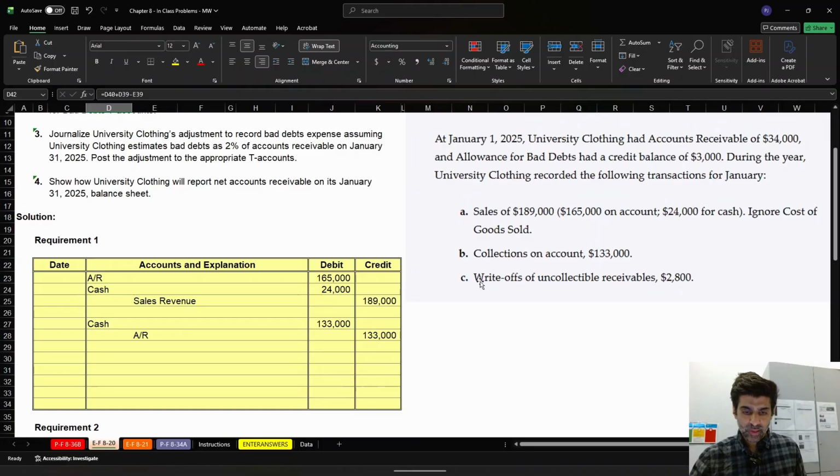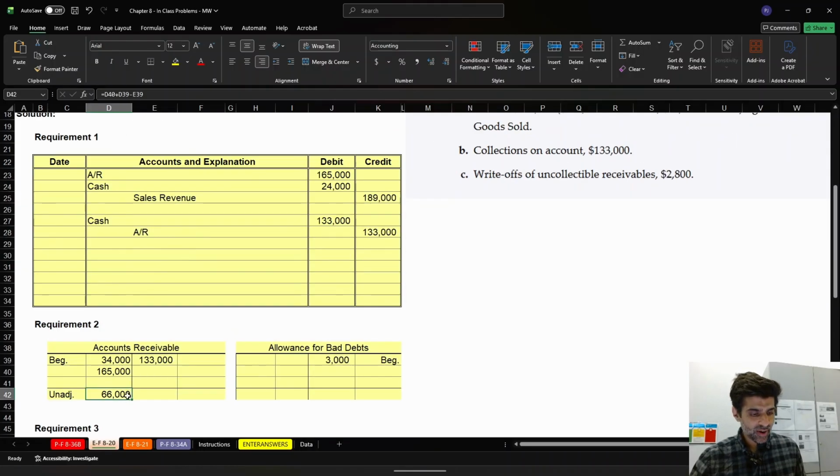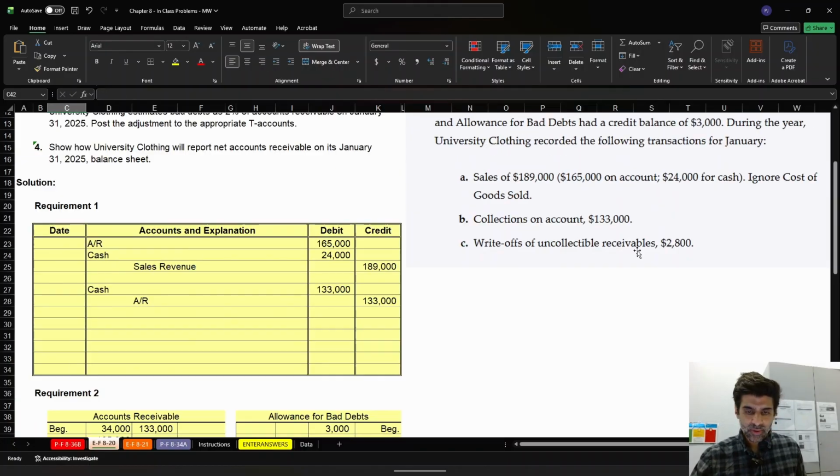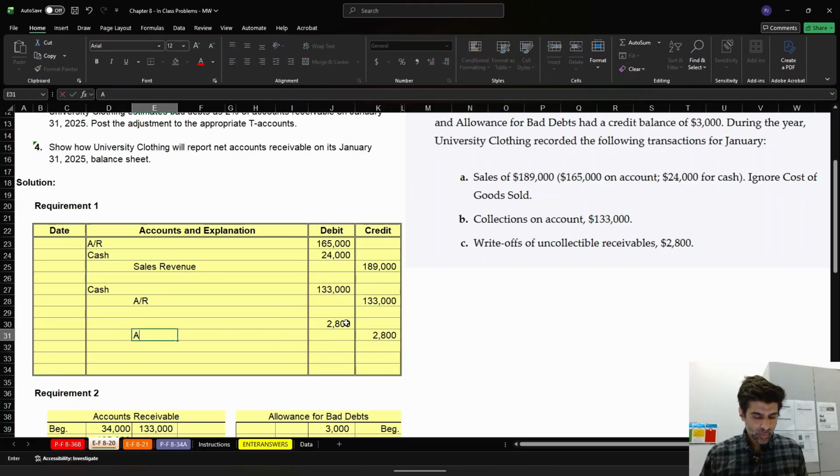Okay, so then we did this one. The last one, C, write-offs of uncollectible receivables. Actually, sorry, I'm wrong. This is not complete. So write-off of uncollectible receivables, 2,800. What that means is that we've determined that some of our accounts receivable are uncollectible, so we're going to write those off.